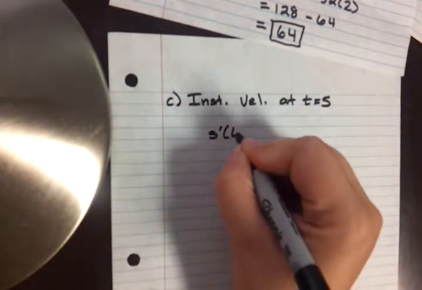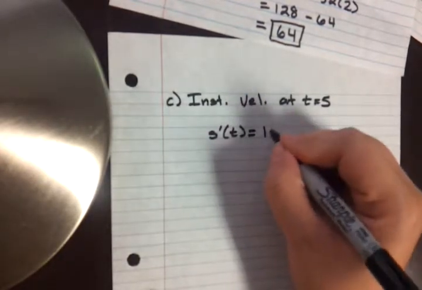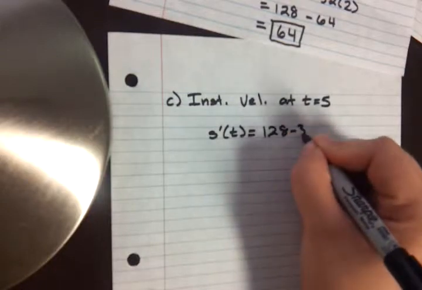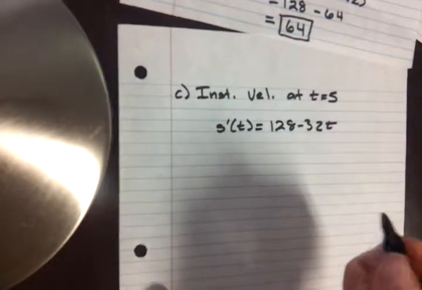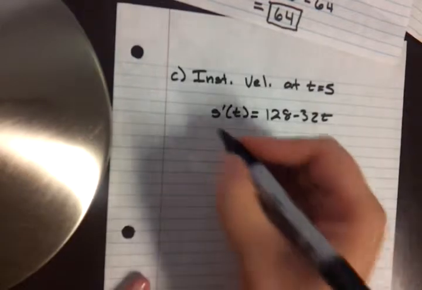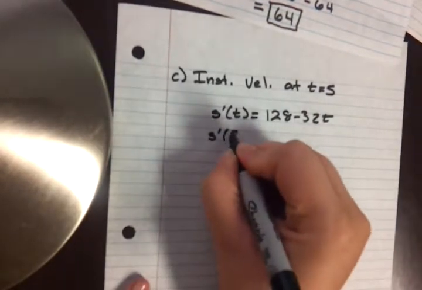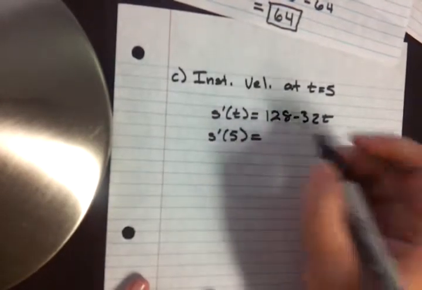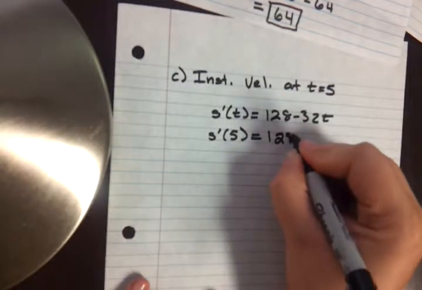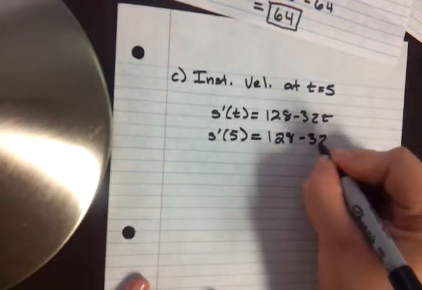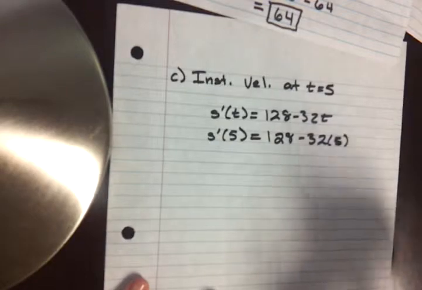That's s prime of t equals 128 minus 32t. And this time, instead of plugging in a 2, they want to know what s prime of 5 is. So let's go ahead and plug in the 5. So it's 128 minus 32 times 5.